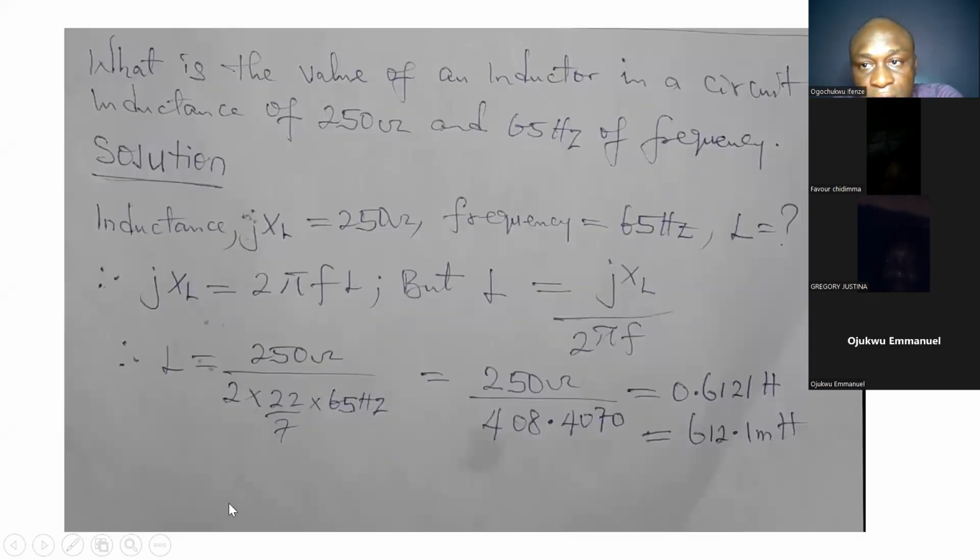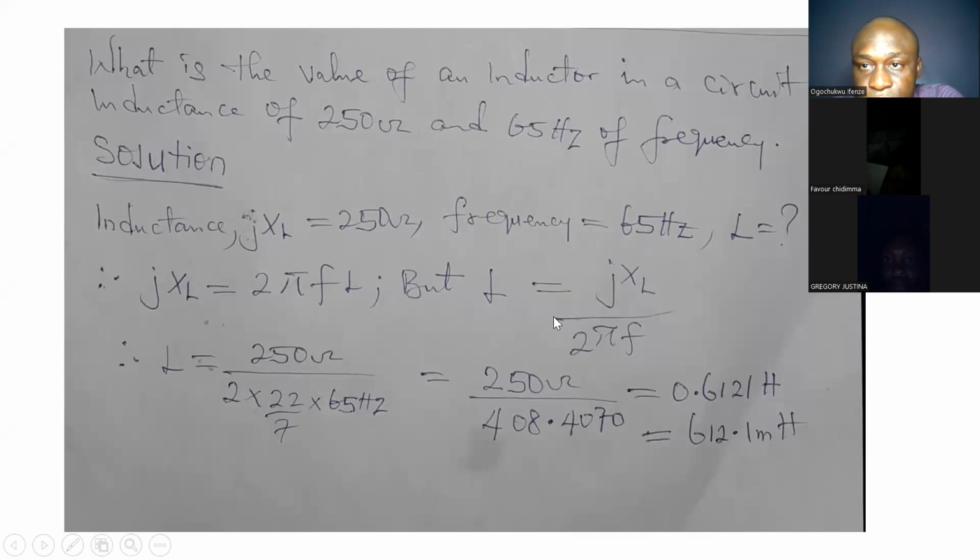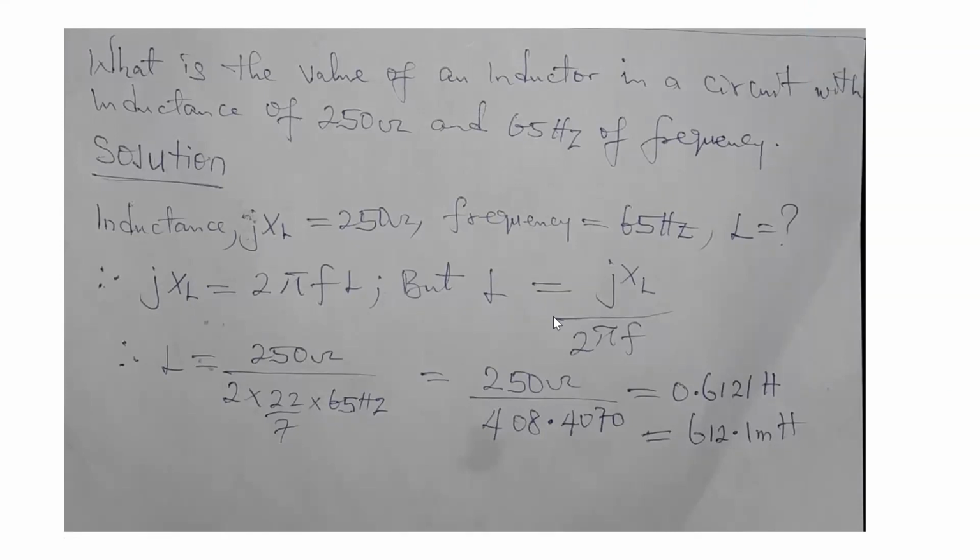So this is another question. What is the value of an inductor in a circuit with inductance of 250 ohms and 65 Hz of frequency? So it's just mathematical manipulation. We just list out the values they have given us and what we are looking for.